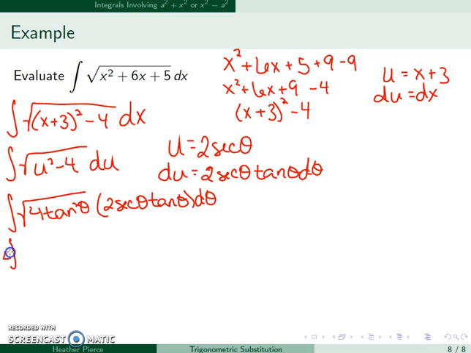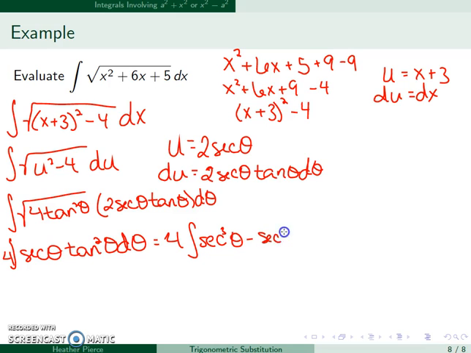Rearranging this, I get 4 secant theta tangent squared theta d theta, which I'm going to rewrite in terms of secant. So rewriting tangent squared in terms of secant squared would give me secant squared minus 1. So I have secant cubed theta minus secant theta d theta. I'm going to have to use the reduction formula here.